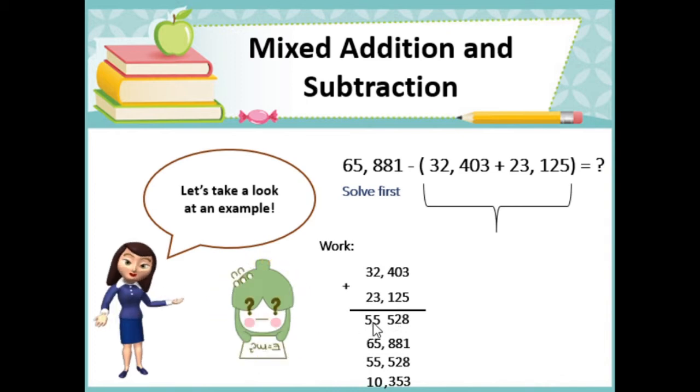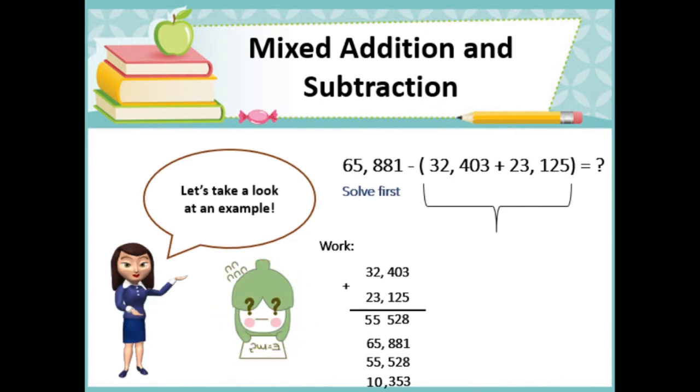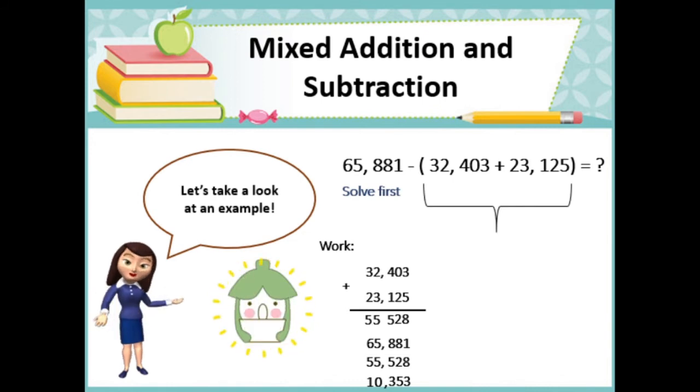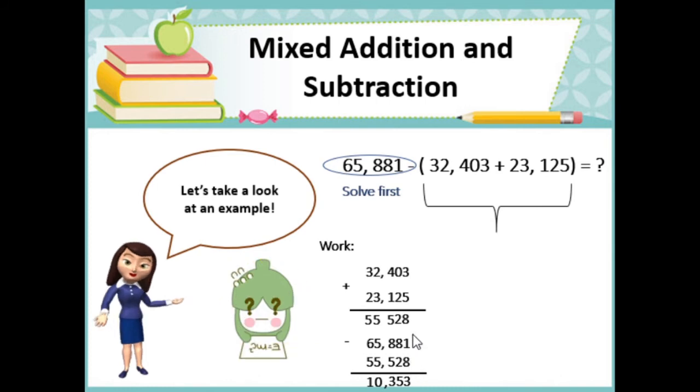This is our sum. Now, we will solve the number outside the bracket, and it's 65,881 minus 55,528, which is our sum.